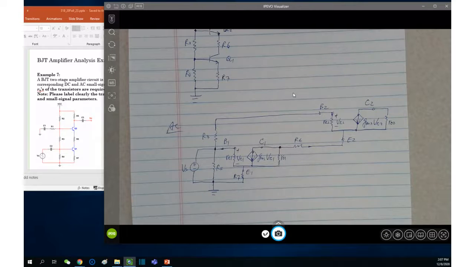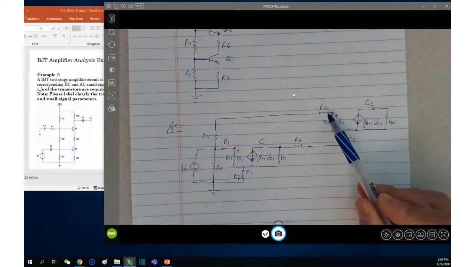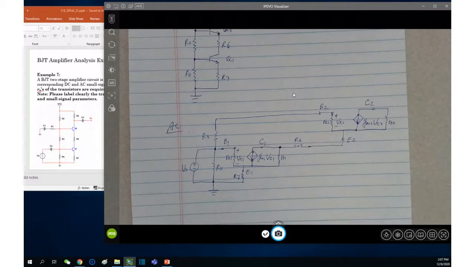Next is Q2, and in Q2, let's begin with B2, the base of the Q2. By observing the given circuit here, the B2 connects to R2, R3, and R1, right? R3 is the resistor between the B2 and the B1, and then we still need to take care of R1 and R2, right? So first of all, R1 and R2.